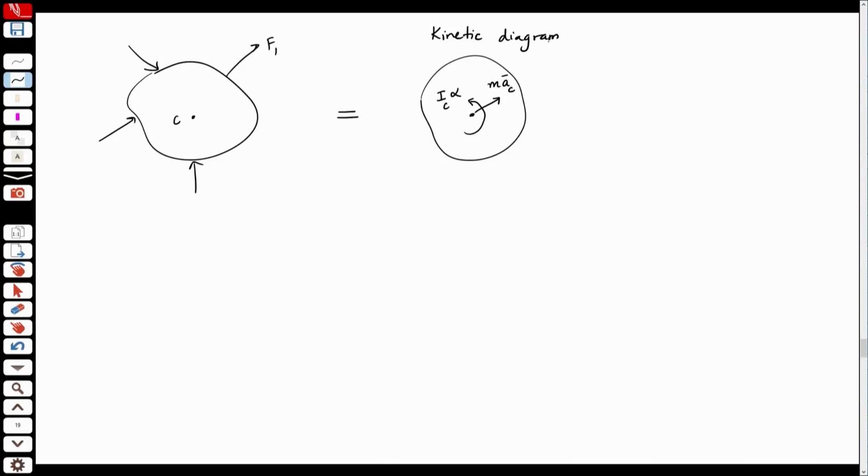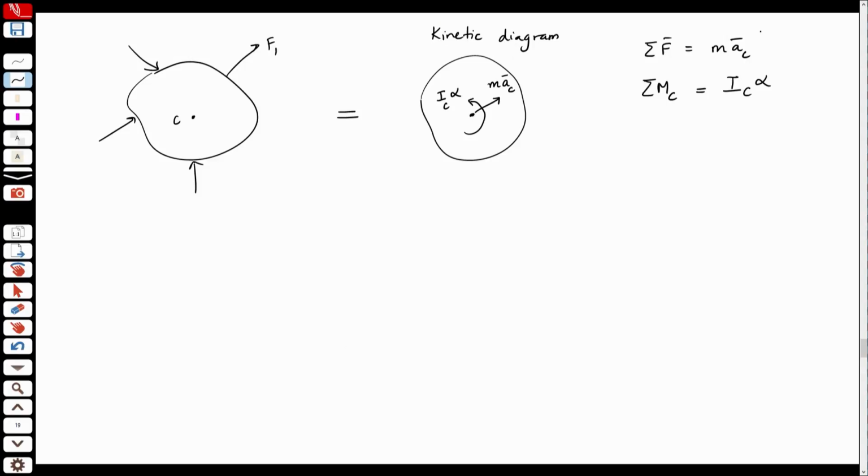The resultant of all these forces equals this. It is essentially using the Newton-Euler equation. So, you have sigma f equal to m a center of mass and sigma m about the center of mass equals I c alpha, where alpha is the angular acceleration. So, this is how you determine the linear and angular acceleration.